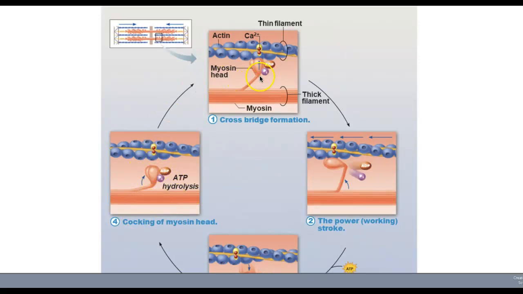We're going to go back to step 1. It's going to reach out and bind to actin's myosin binding site, and we have a cross-bridge again. This is going to go on repeatedly during a muscle contraction. It's kind of mind-boggling how many times over and over again this happens just in a simple muscle contraction.